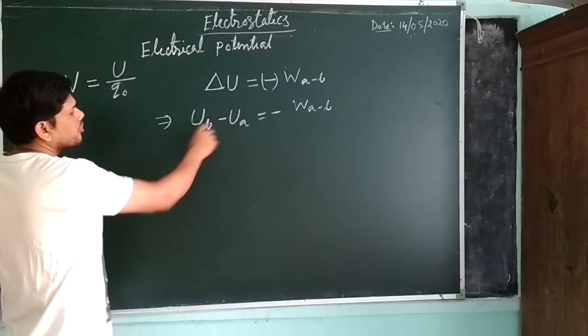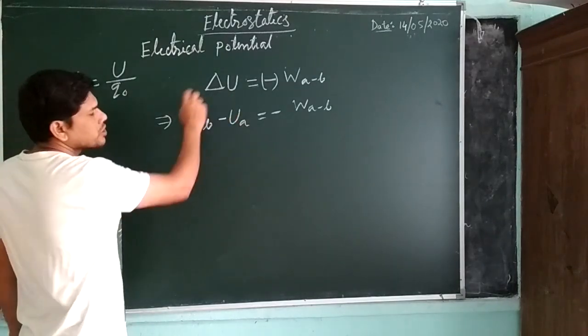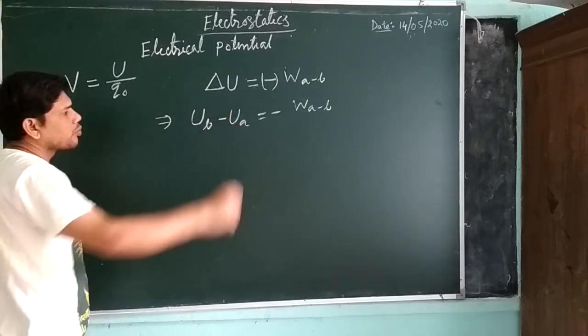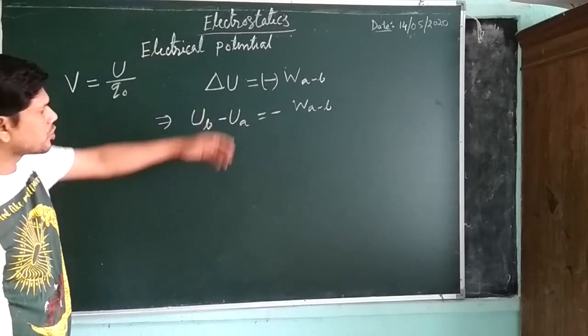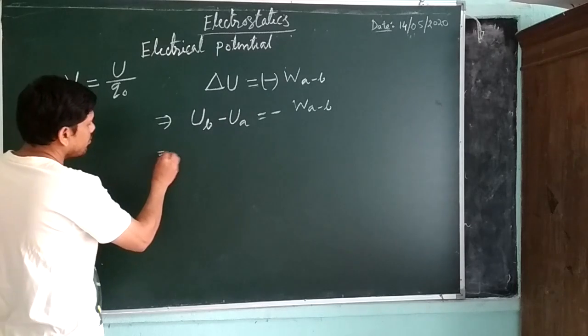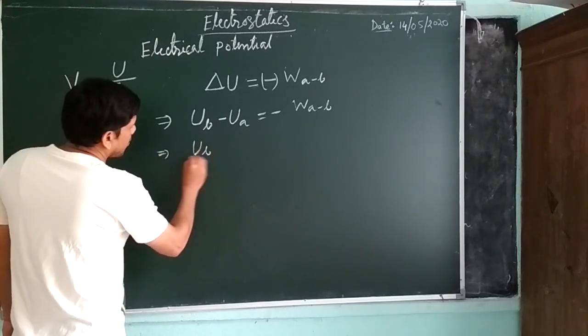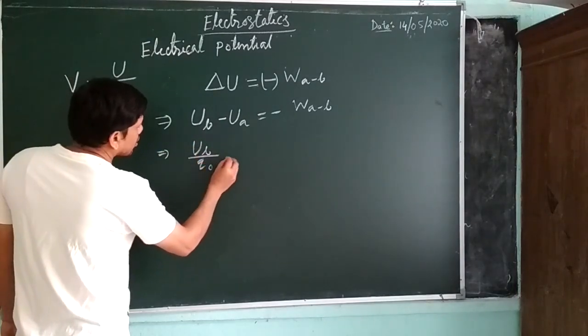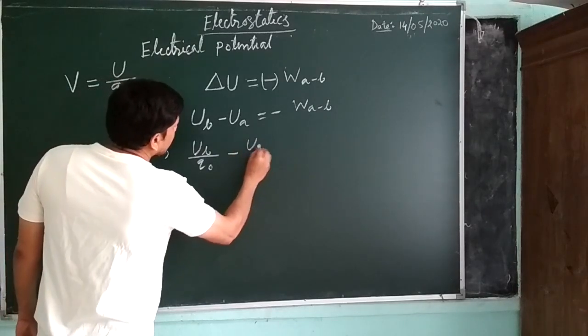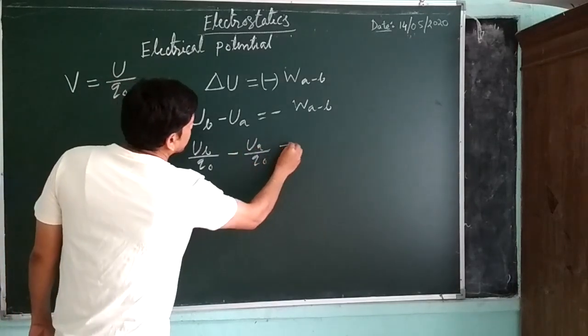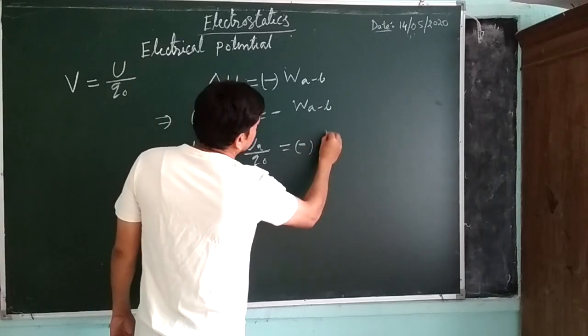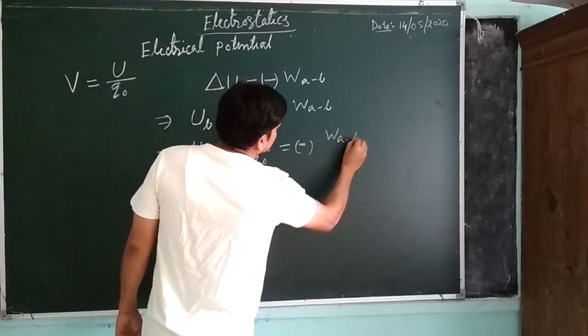So the change of potential energy UB minus UA is del U. Dividing both sides by Q naught, we have UB by Q naught minus UA by Q naught equals minus W A to B by Q naught.